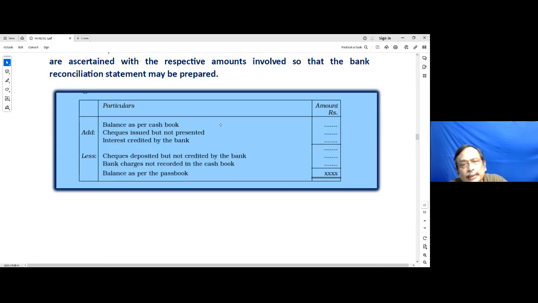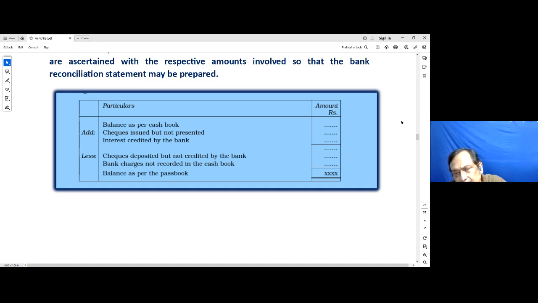Now, this is the format. Say if we start with balance as per cash book, and then if there are certain adjustments which are actually not taken in cash book but in bank statement, namely checks issued but not presented, interest credited by the bank but not recorded in the cash book, these are added, and checks deposited but not credited by the bank, bank charges not recorded in the cash book, these are deducted.